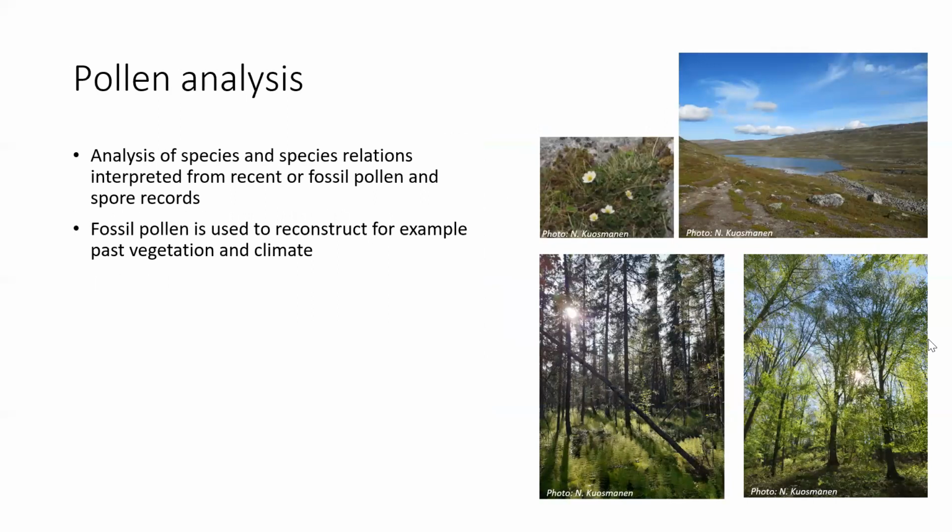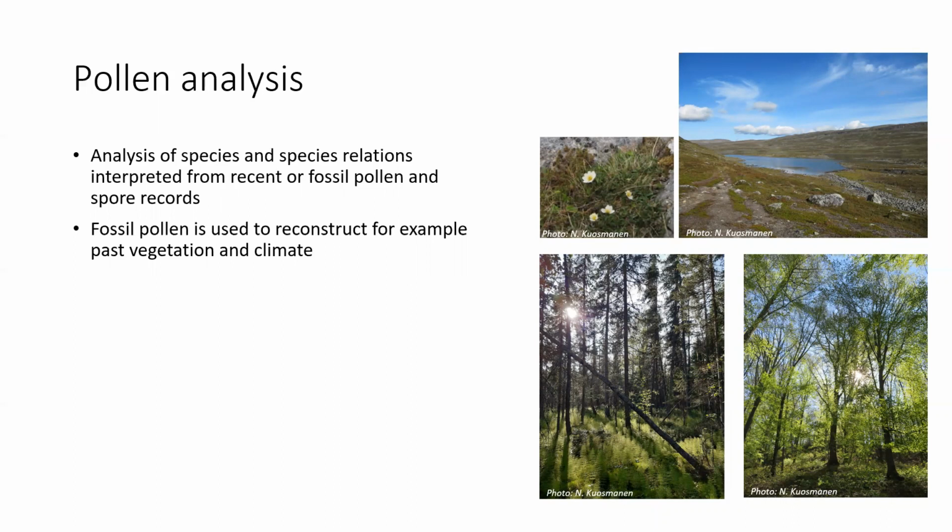So first, a few words about pollen analysis. Basically, it means analysis of species and species relations interpreted from either recent or fossil pollen and spore records. During these lectures, because this is looking into paleoenvironments, we are concentrating more on fossil pollen and spore records. These can be used to reconstruct vegetation and also climate or other aspects of the environment, based on what kind of pollen grains can be found from sediments.